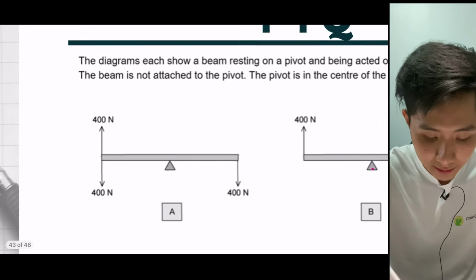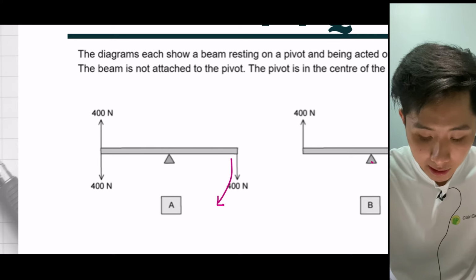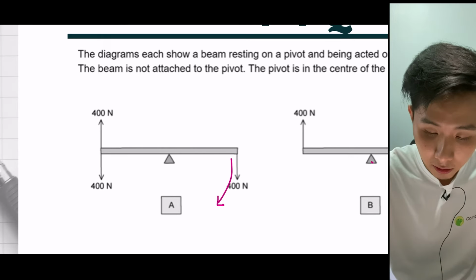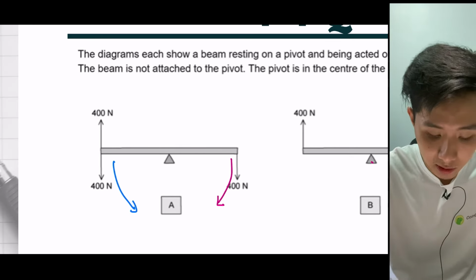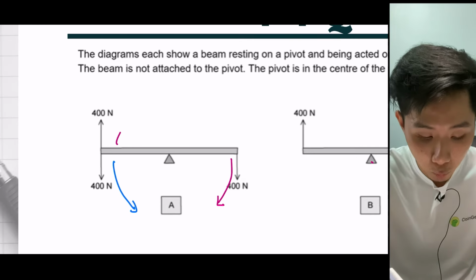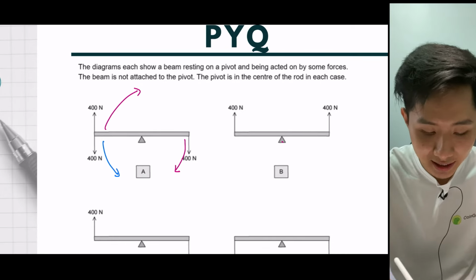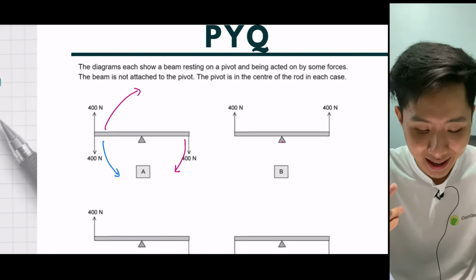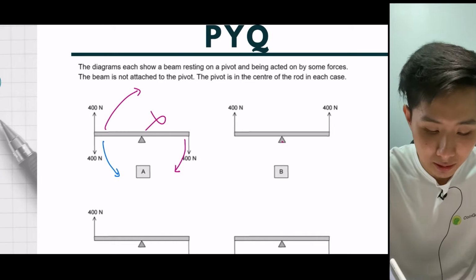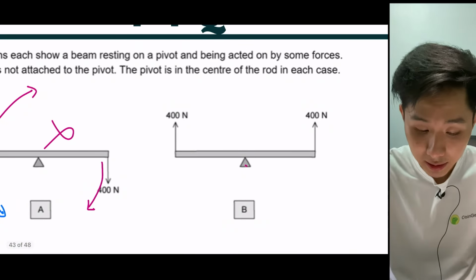So we know that in this diagram A, we have a clockwise moment here, another anti-clockwise moment here, represented by the blue color, and here 400 N acting upwards. So we're going to have a clockwise moment. So you can see that we have two clockwise moments and one anti-clockwise moment. Therefore, they're not equal. Second one, 400 newton acting upward.